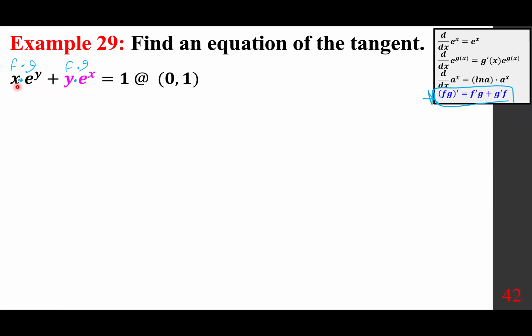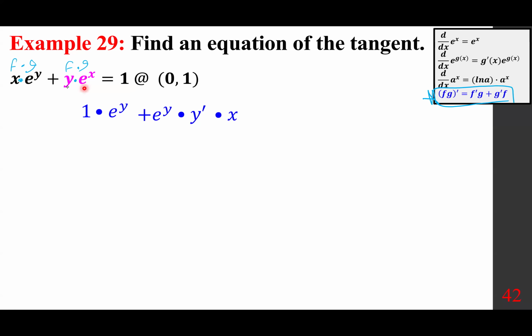This one is 1 times e to the power of y plus e to the power of y. The derivative is always itself, any exponential. However, is the exponent x? No, it's a function of x, so y prime or dy dx. And now times f times x. So that's the first piece, this one.